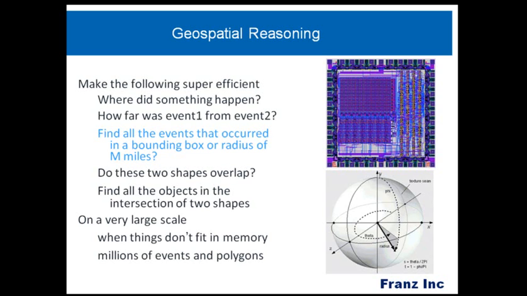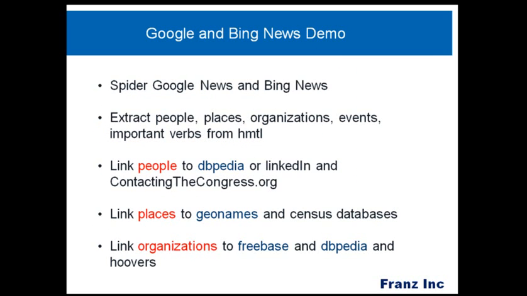So if you have, say, a bunch of events that you store in the database, where events are defined as things that have a start time, end time, some actors, and then a location, then we make it very easy to find all the other events close to a particular point. But in addition to that, we also offer polygons and computation on top of polygons. All right, so that's all about the geospatial indexing.